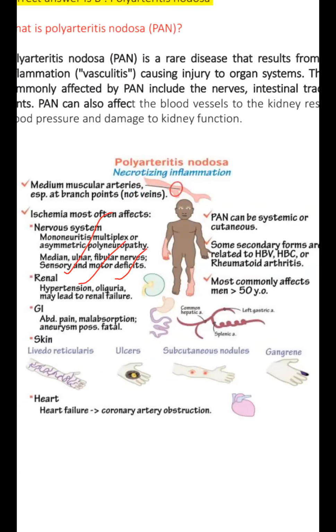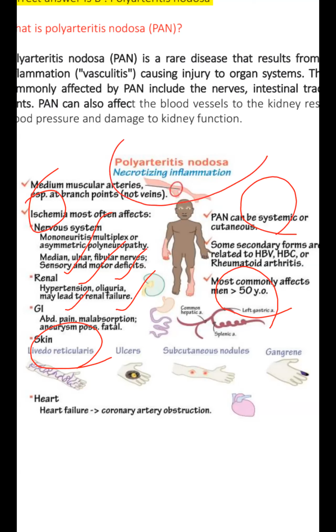In the GIT, abdominal pain, malabsorption. Livedo reticularis in the skin. It is affected mainly after 50 years of age. In PAN, it's a systemic vasculitis. With ischemia, all over the gangrene, loss of blood supply, ischemia. There is oliguria. There is vasculitis, all this picture. So it's PAN, polyarteritis nodosa, medium vessel necrosis, inflammatory change all over the body. Clear?